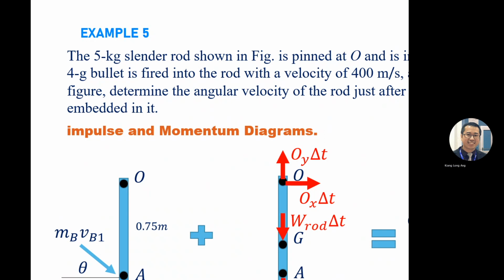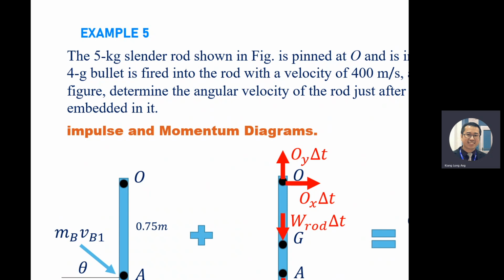The G point will also move to the right. Then this is a rigid body, so there's an anticlockwise moment, I omega. Once you're able to draw these three diagrams, the rest you just apply the equation and solve for the unknown. The challenging part is this diagram.